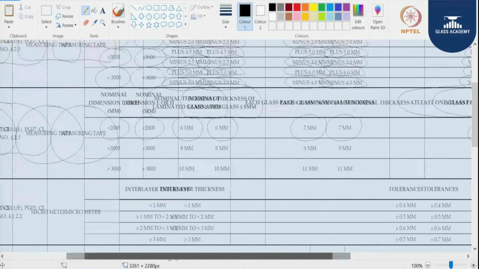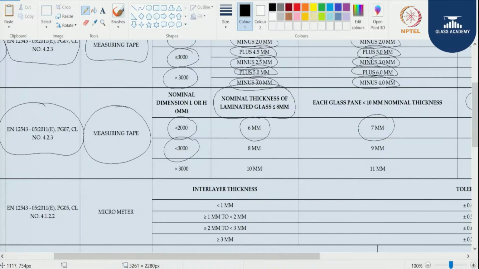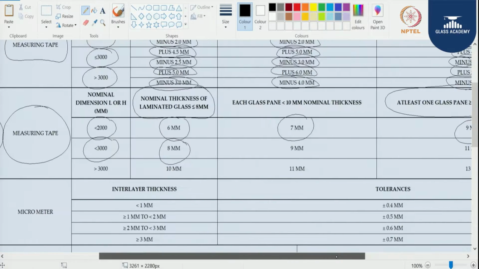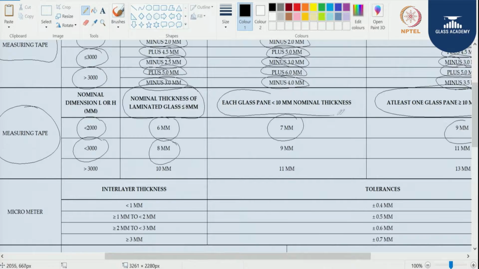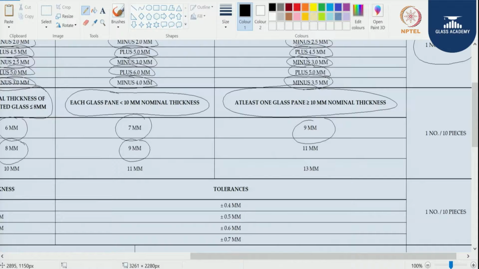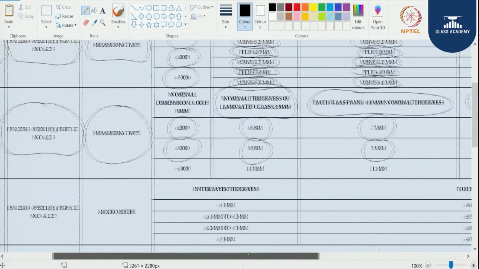In a similar way, if my glass panel is less than 3000 mm diagonally and the nominal thickness of the laminated glass is less than or equal to 8 mm, 8 mm is allowed. And for each glass pane less than 10 mm nominal thickness, 9 mm is allowed, and for at least one glass pane greater than or equal to 10 mm nominal thickness, 11 mm is allowed.